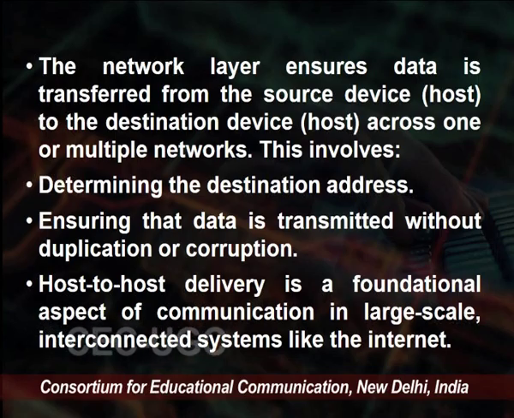So, in this functionality, it is the job of the network layer to ensure that the data is transferred from the source to the destination across one or multiple networks. Now, this whole thing involves determining the destination address, and only then will your data be delivered to the correct address.